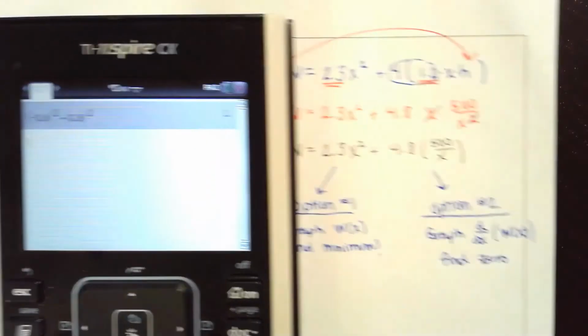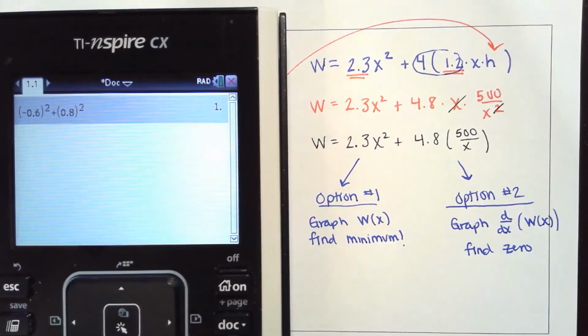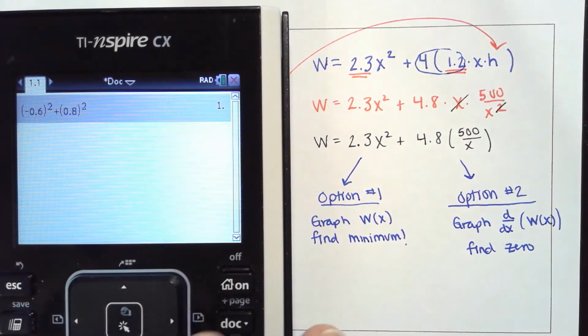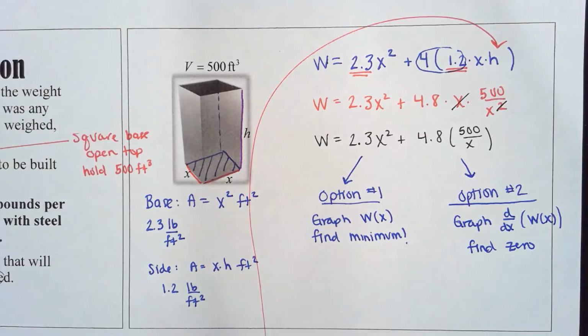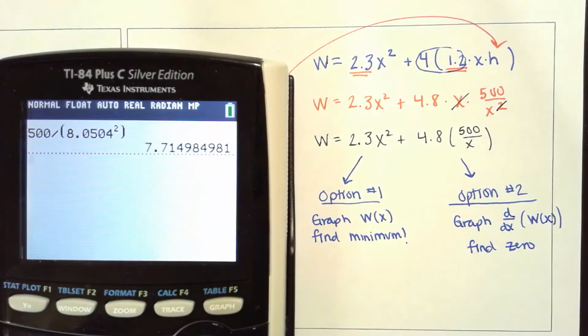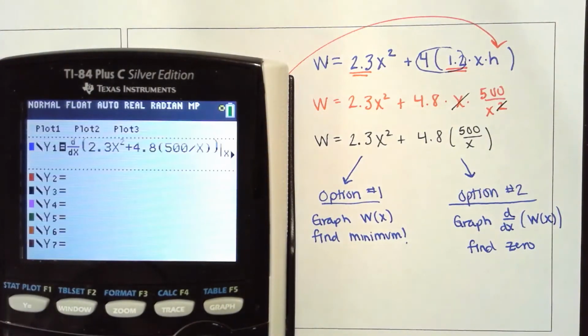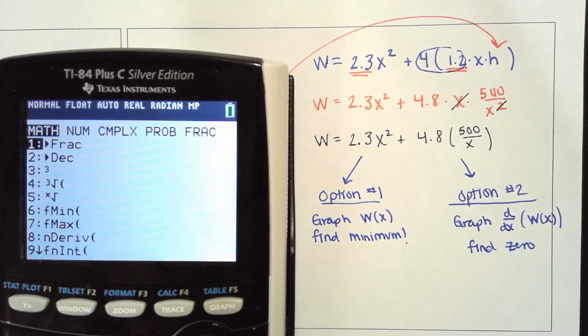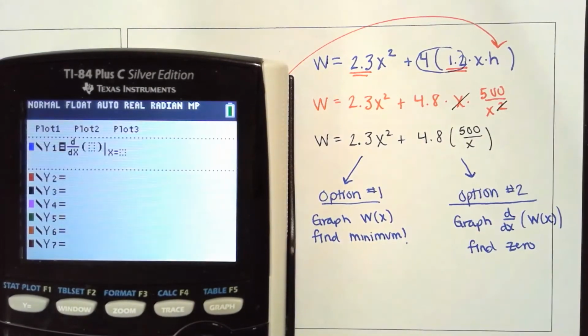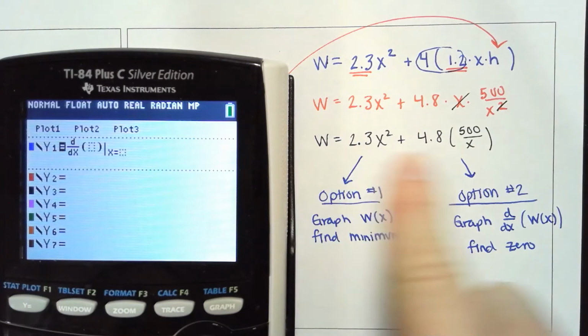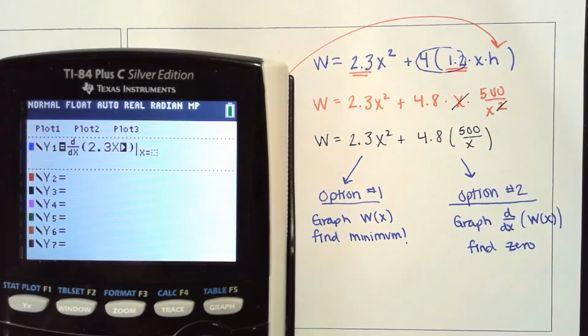Okay, I'm using an Inspire. Obviously, you can use an 84, no problem. Actually, I'll go ahead and use an 84. I think most people have been using those. All right, so here we go. I am going to go to my y equals, and I'm going to do math 8. I'm going to take the derivative of the weight, which is 2.3x squared plus 4.8 times 500 over x.